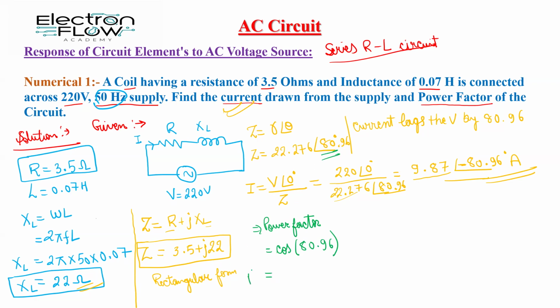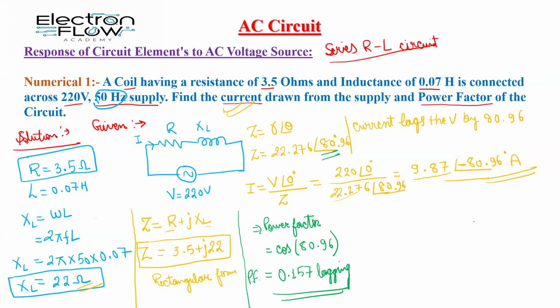So the power factor is now equal to 0.157 lagging. This is lagging because of the RL type of load.